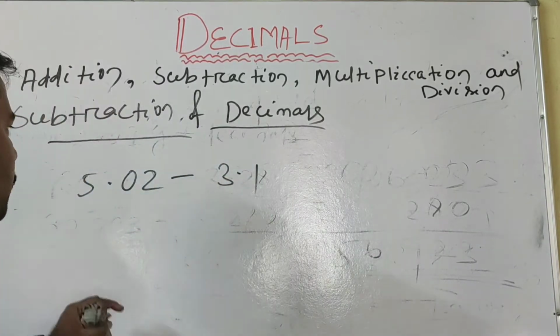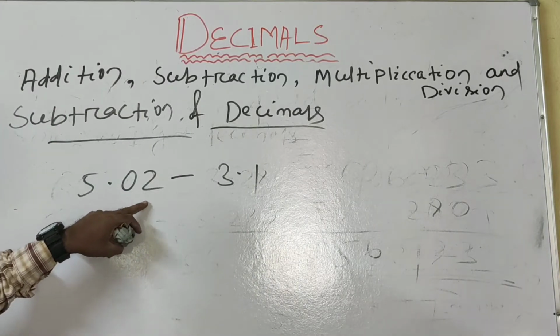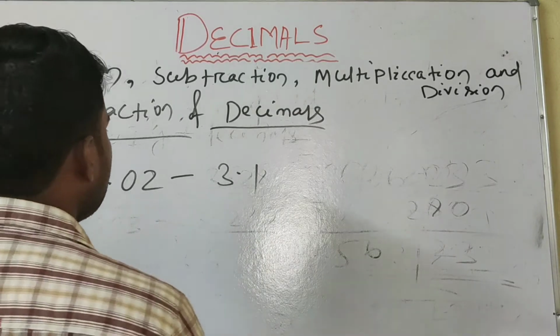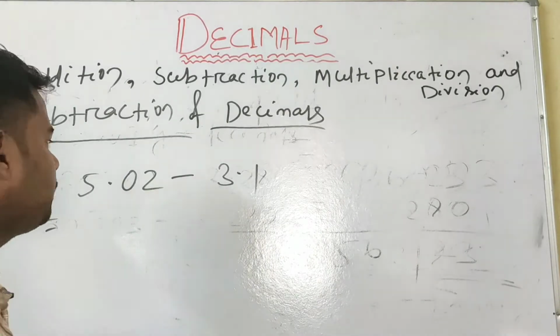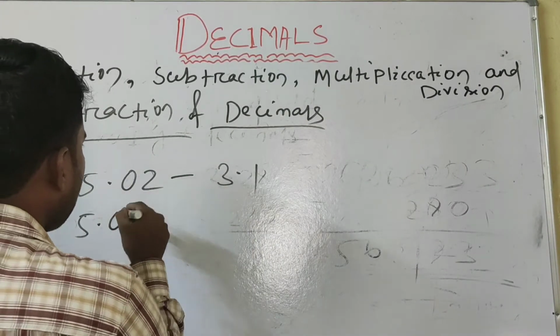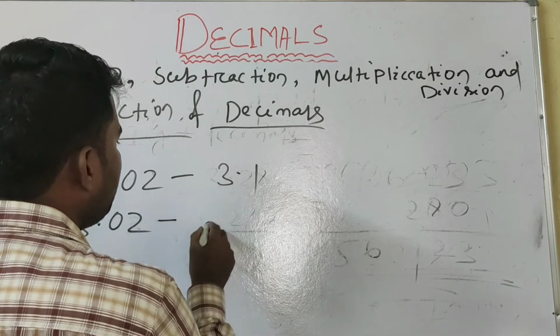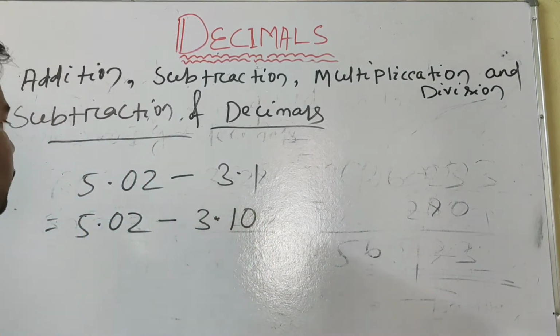The first one is a two place decimal number and the second one is a one place decimal number. So we have to convert both decimal numbers into like decimal numbers. We write the first one as it is, and the second one we convert to like decimals.